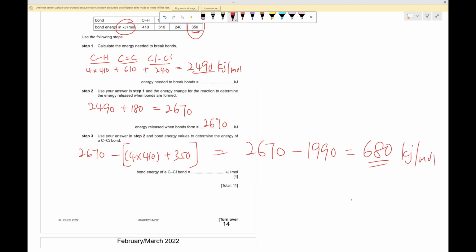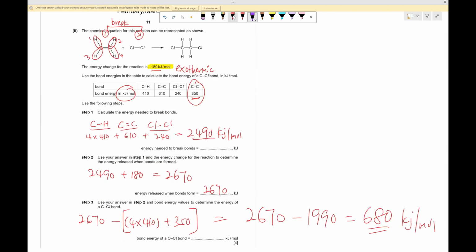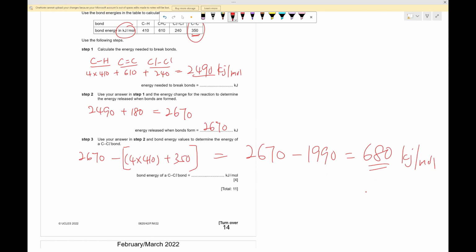But is it the answer yet? Not yet. Why? Because now you need to look at how many bonds there are between the carbon and the chloride. We have 2 bonds, so this is 1, this is 2. That means 680 is equal to 2 bonds, so we need to get 680 divided by 2.